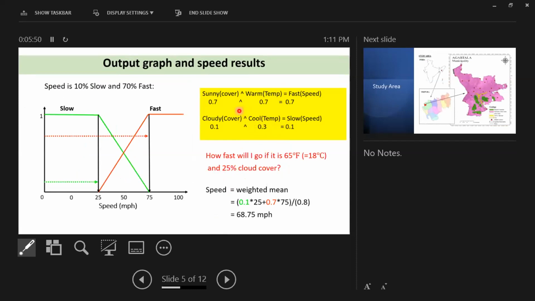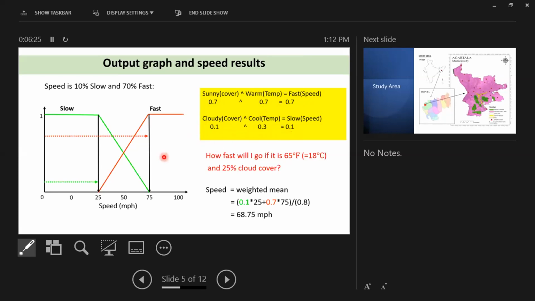Next step. Look at the yellow box first. Let's put this membership value in the rule. We use an AND operator. We get 0.7 and 0.7, which give a value of 0.7. And for the second equation, we get 0.1 and 0.3, which give a value of 0.1, because with an AND operator we take the minimum value.